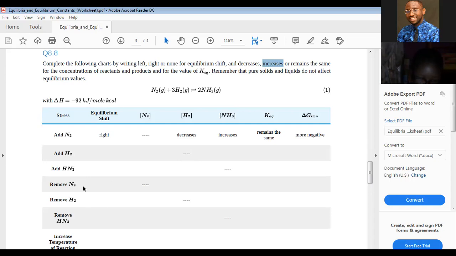Why? Because there'll be less reactants.